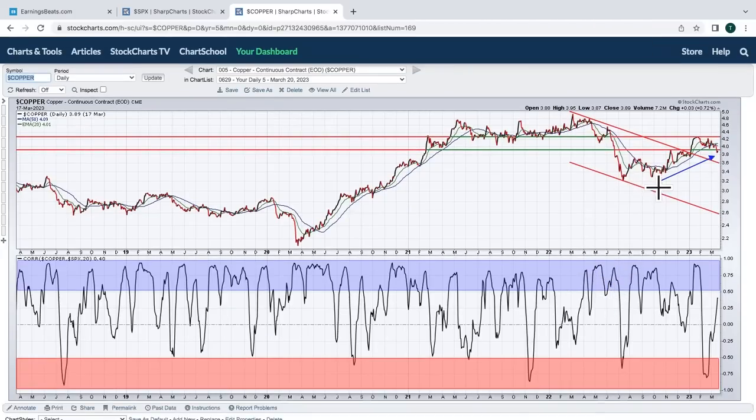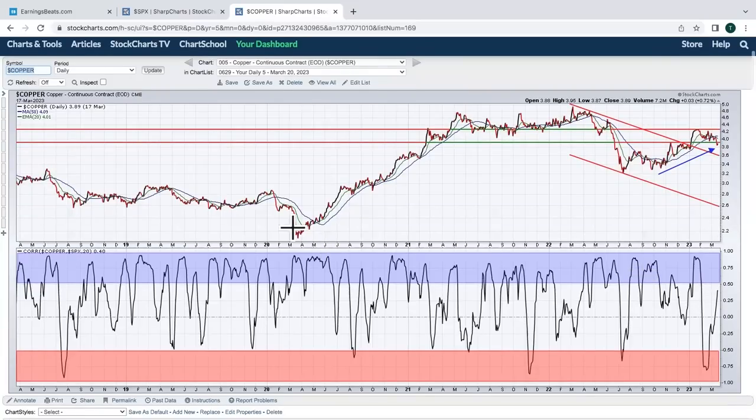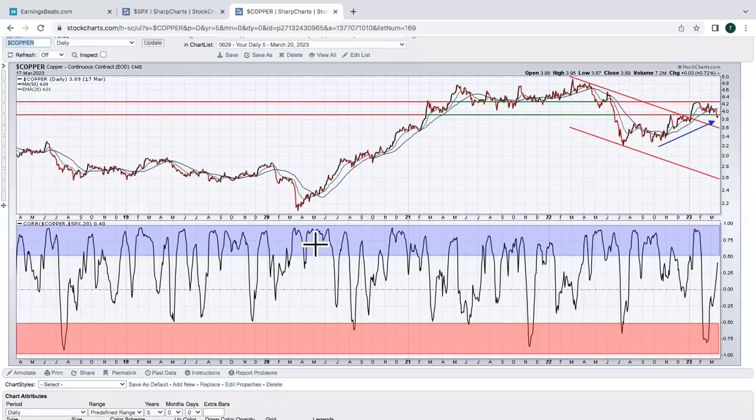But we've been trending higher now since July of last year, higher highs and higher lows. That has corresponded with a bottom in the market. October was the low for the S&P 500. So we've been moving up with the copper prices. And as long as this ratio keeps moving up, look at the correlation.